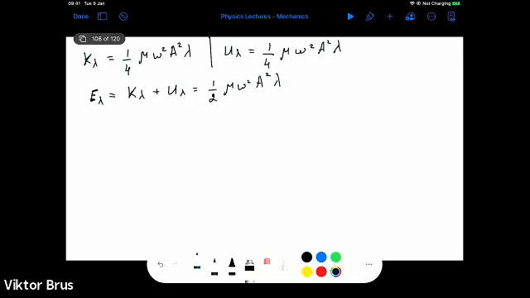Okay, so this is the expression for the total energy per 1 wavelength, so don't forget it.